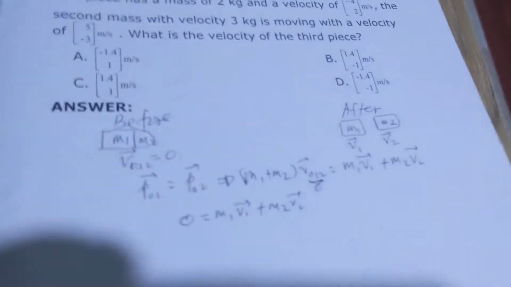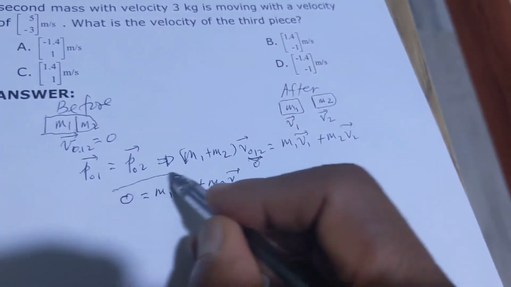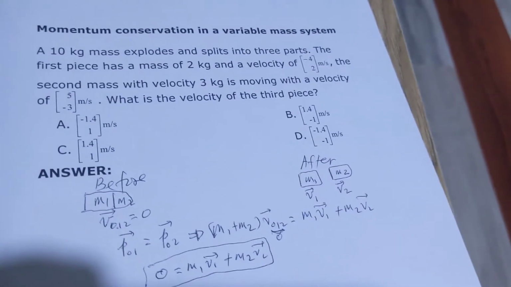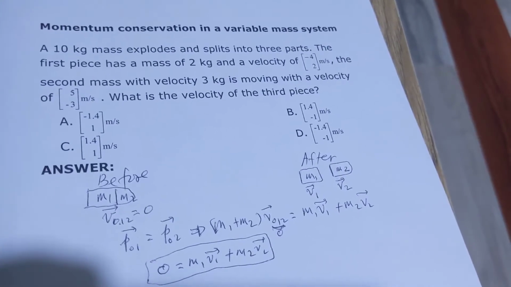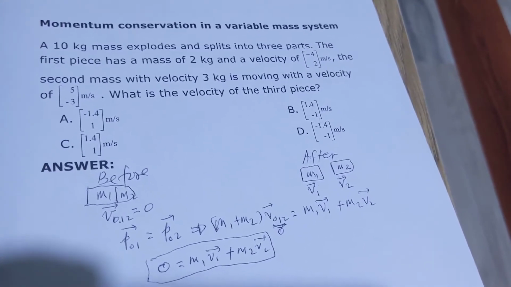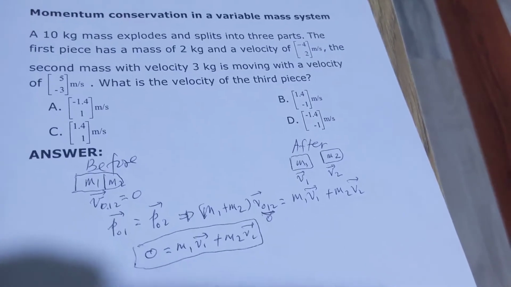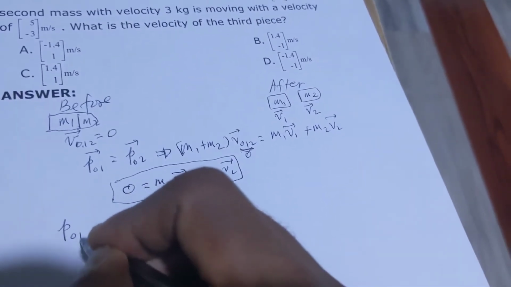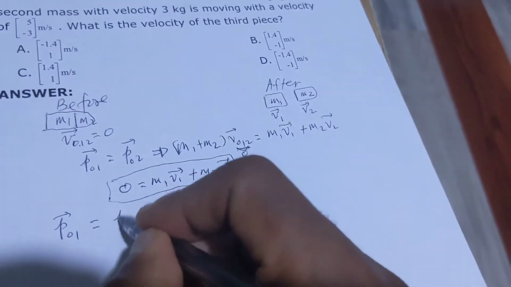Now in our case the question is given. This is for a two-body problem, two parts. If instead of a rocket this is an explosion, what are we going to follow? The same thing, the law of conservation of momentum is applied, which means momentum before is equal to momentum after.